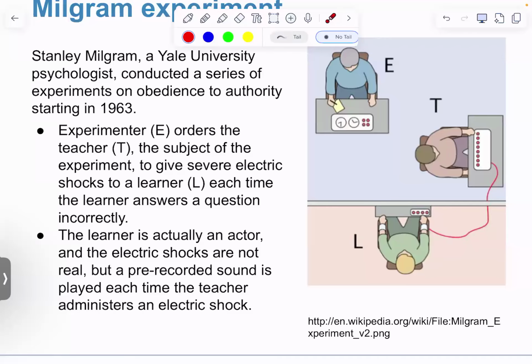Here we have the experimenter, who orders the teacher, me, I guess, the subject of the experiment. So I'm the little mouse in this situation. I'm instructed to give severe electric shocks to a learner sitting here each time the learner answers a question incorrectly. Uh-oh, that's mean, right?